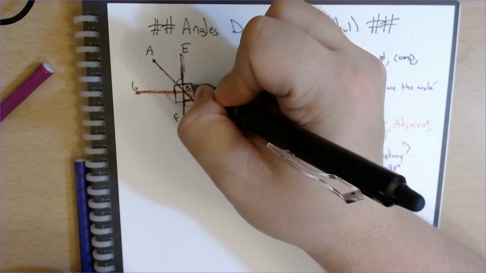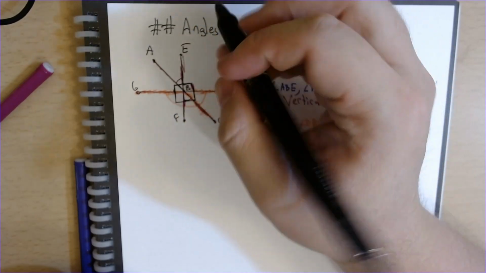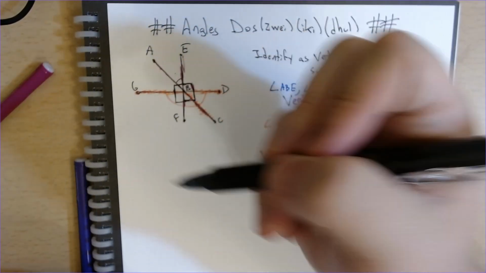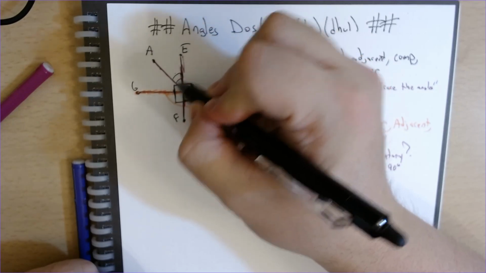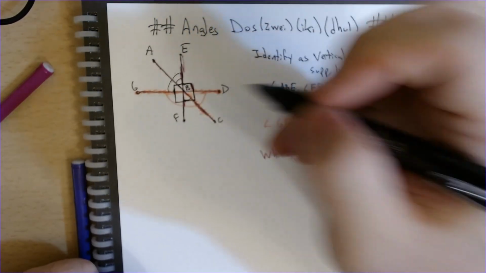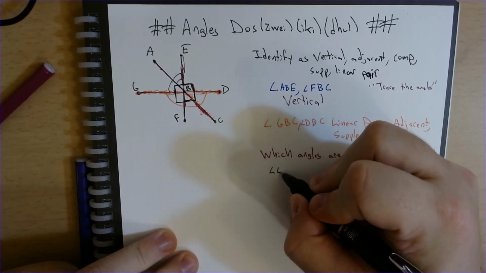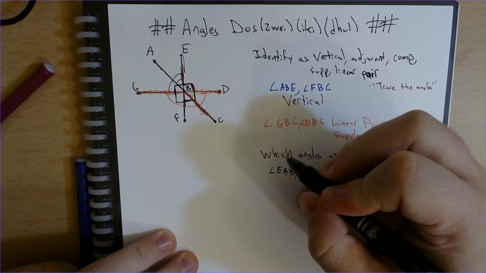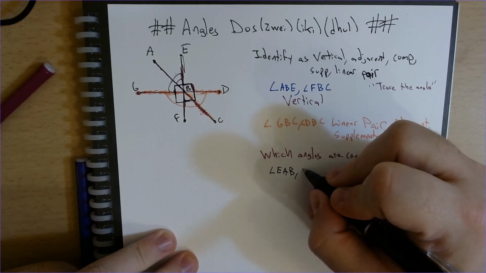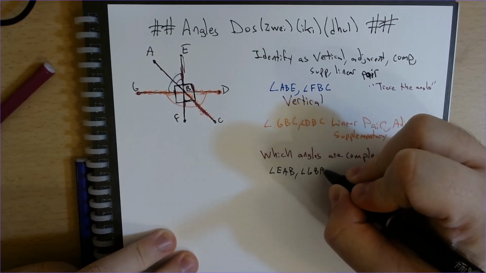So all of those are 90 degrees. We just have to look for two angles that, if you combine them, make up one corner. So I would say angle EAB and angle GBA.